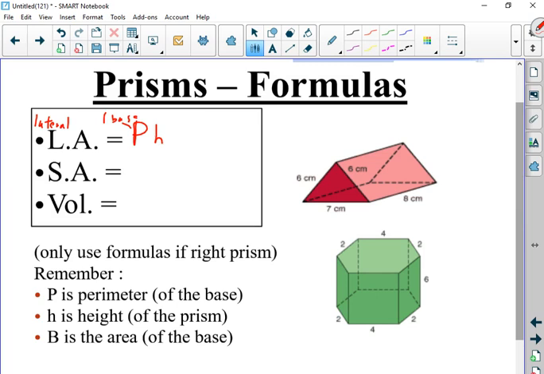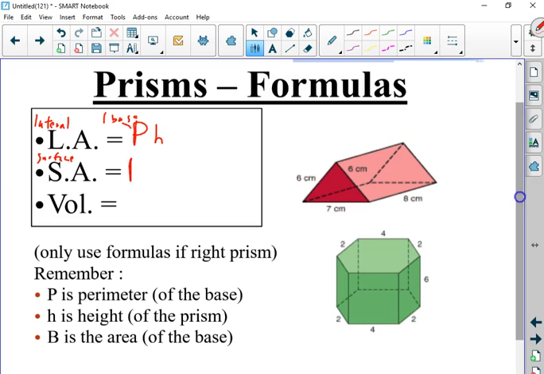SA, which we said is surface area. Surface area is if you were gift wrapping something, except you didn't want the paper to overlap. So you're just going to put pieces of gift wrap around on each piece of the box or the shape.